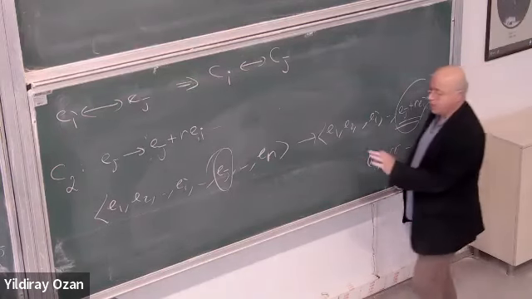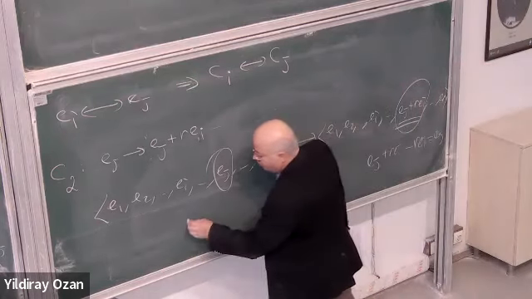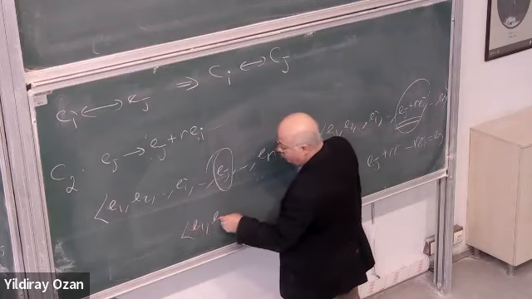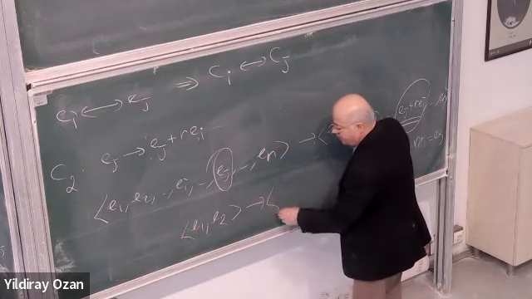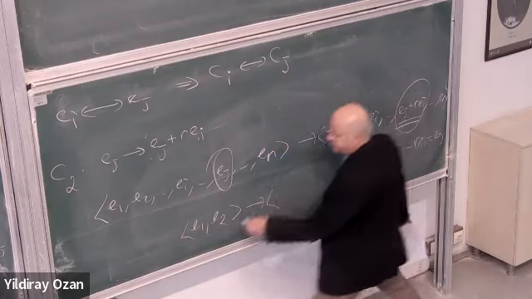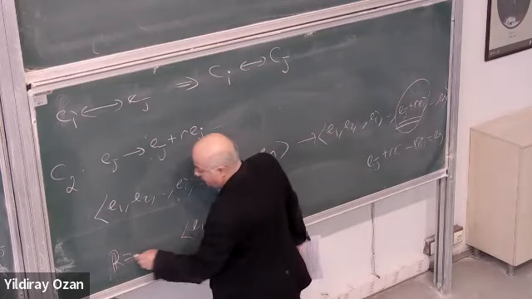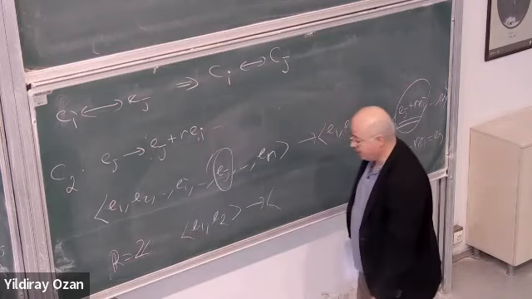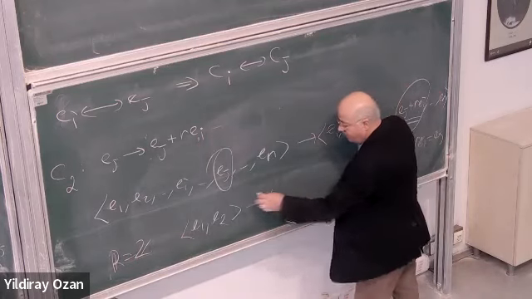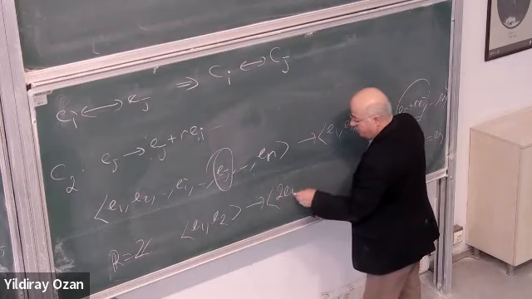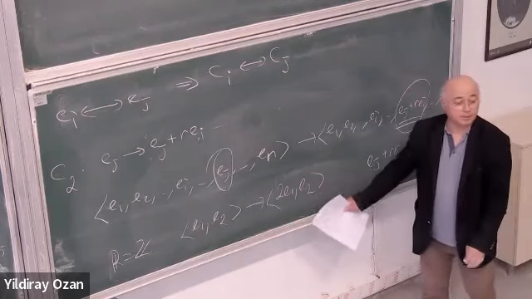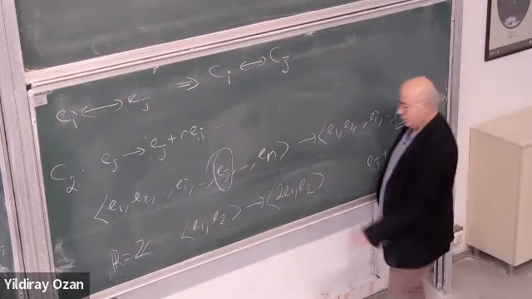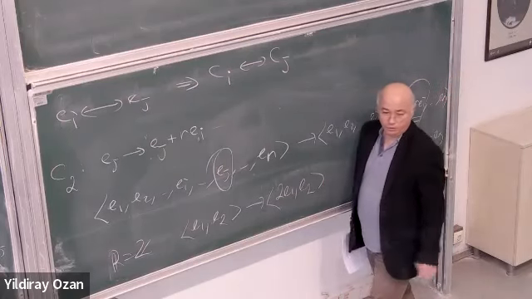But you know, something like this is not acceptable. Suppose we have E1, E2, and let's take R to be Z, and I replace E1 by 2E1. This is not acceptable because this operation has no inverse.